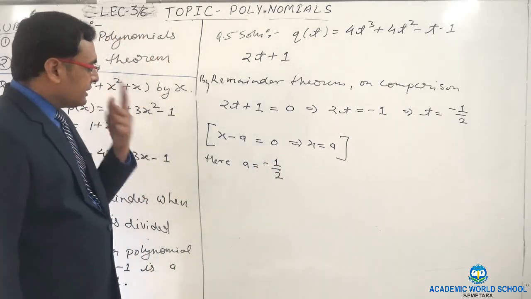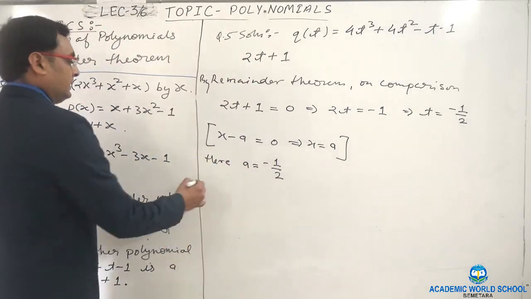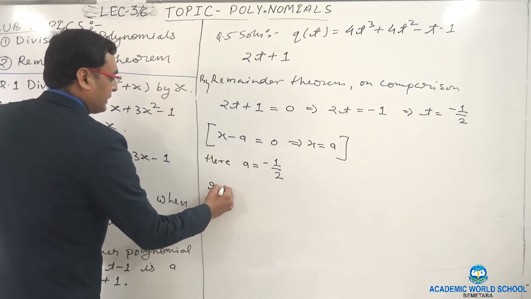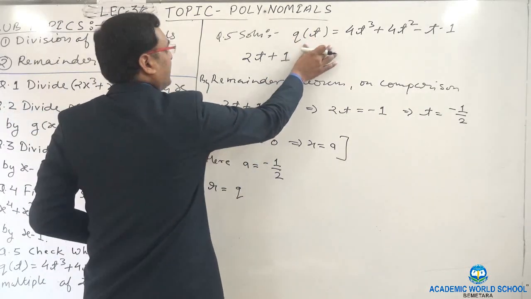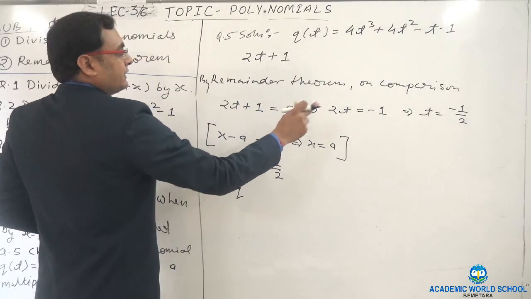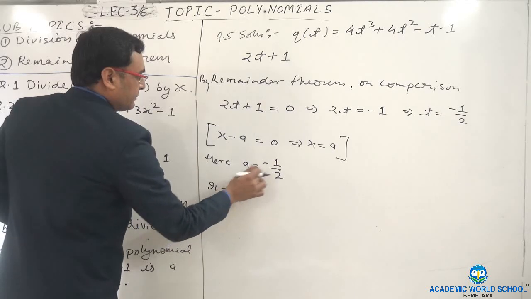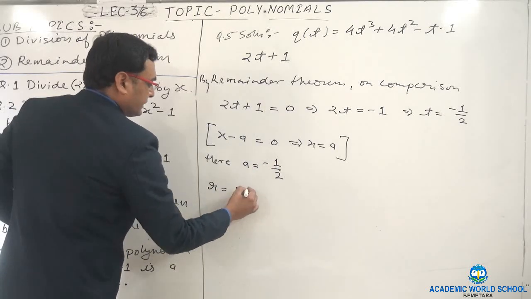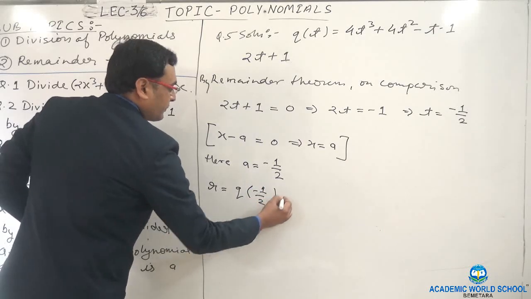If value of a is minus 1 upon 2, then what will be the remainder? So remainder r will be equal to value of this polynomial q(t) at t is equal to minus 1 upon 2, where this a is minus 1 upon 2. So you will write r is equal to q of minus 1 upon 2.